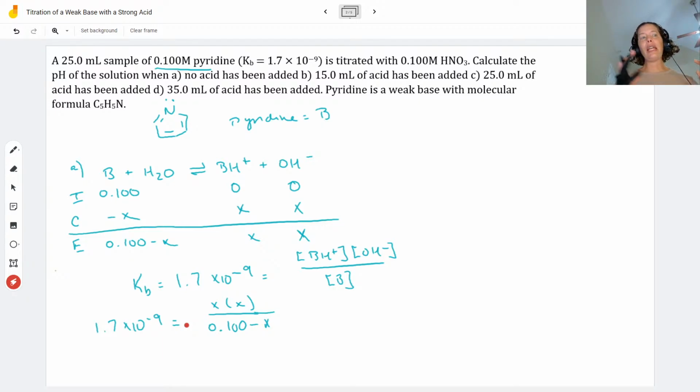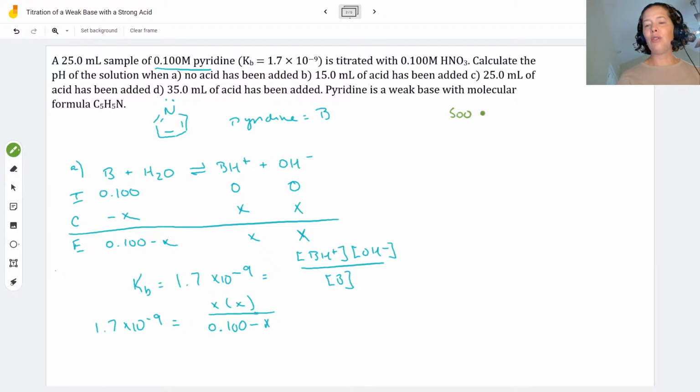If you're in a situation where you don't have time to check your approximations, I'd say generally if you're 10 to the negative fourth or smaller, you're going to be okay. Some people say 10 to the negative third. I kind of find those to be borderline depending on what your concentration is. But 10 to the negative ninth, you're going to see we're definitely going to be fine with our approximation.